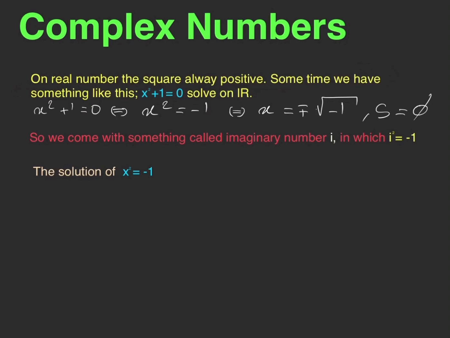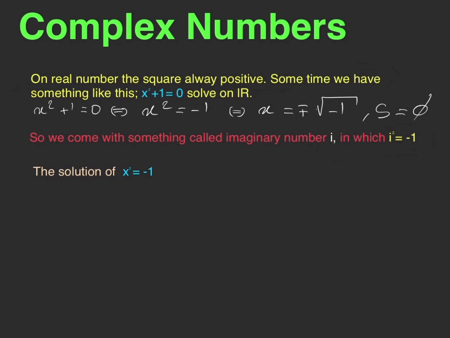So in this case, we come up with something called the imaginary number, and we call it i, in which i squared is equal to minus 1. So let's try to solve the equation this time, but in complex numbers.